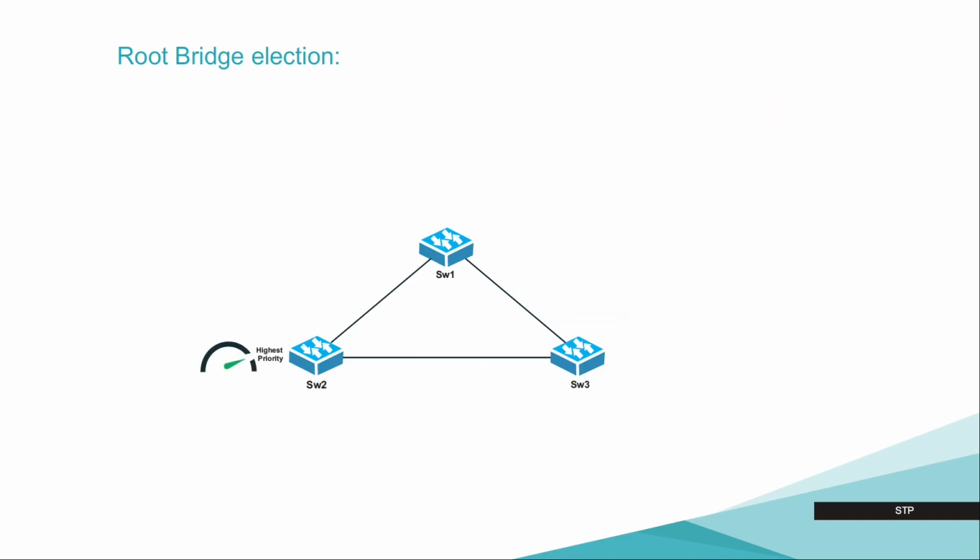So switch 2 will be the root bridge in our topology here. And based on the root bridge, we will define the blocked port. Now our switches will start to add the root ID to the BPDU message in order for all the switches to know which switch is the root bridge.